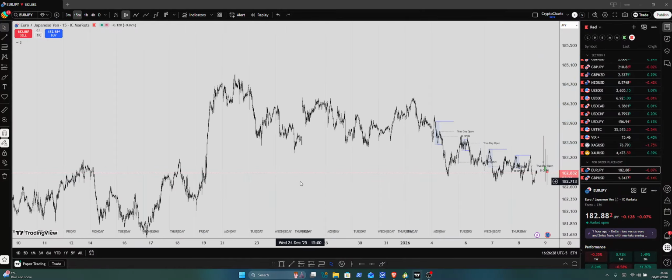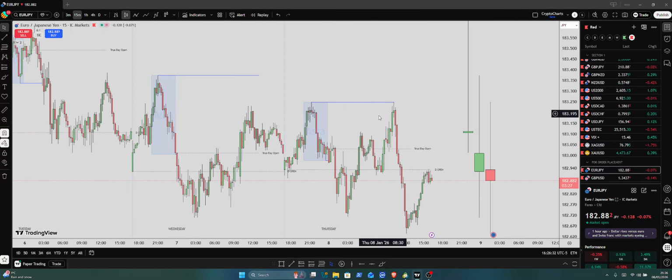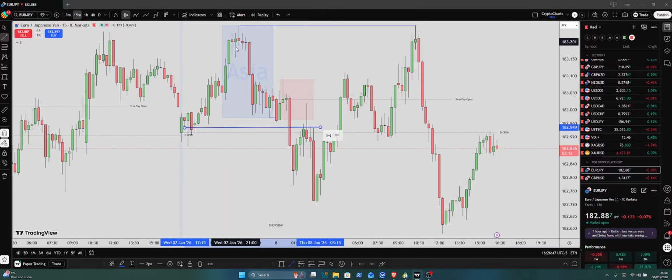However, it still doesn't want to follow through. So I entered here on this OB, anticipating that we would get this move lower and that the high of the day would remain.